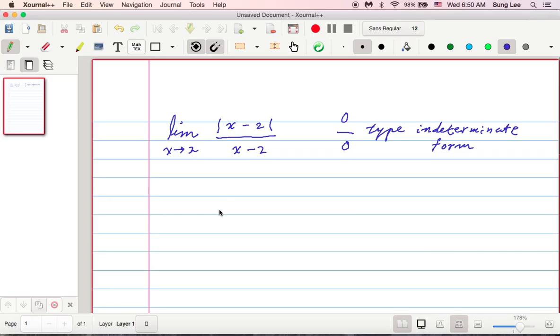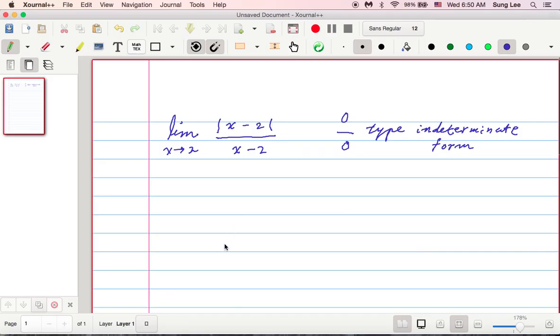Okay, so how do you calculate this? If you recall the example we went over last time, we could evaluate this type of limit by factoring. In this case, that's not an option because how do we factor the absolute value of x minus 2?